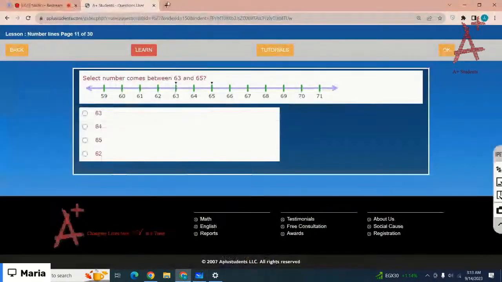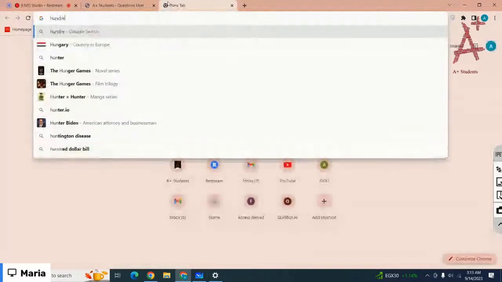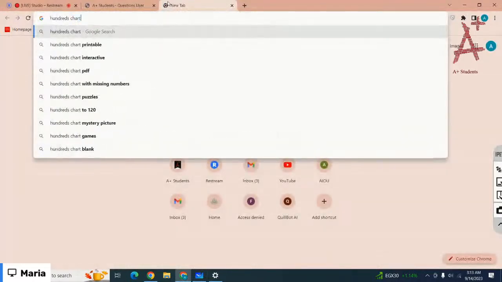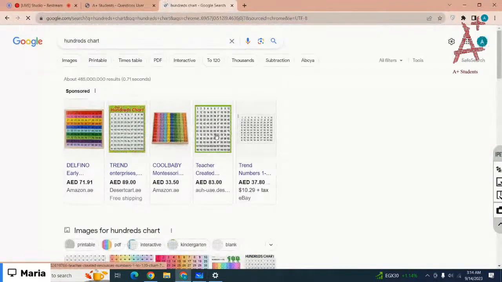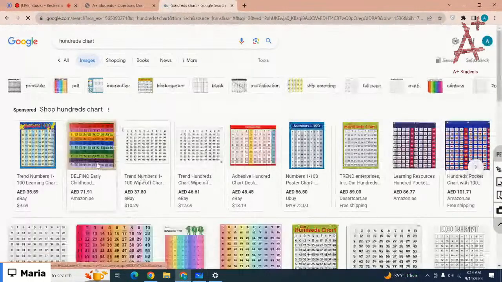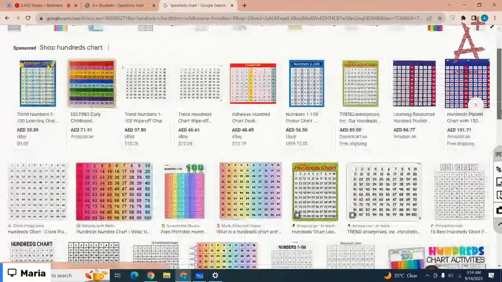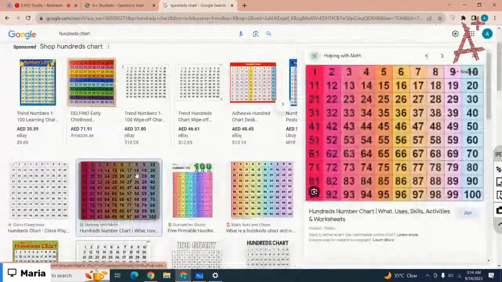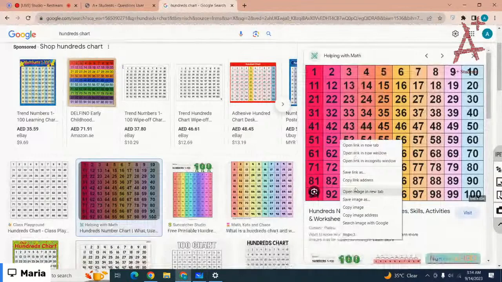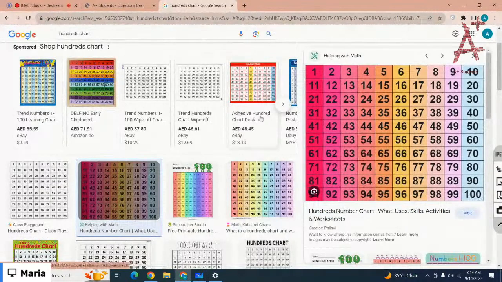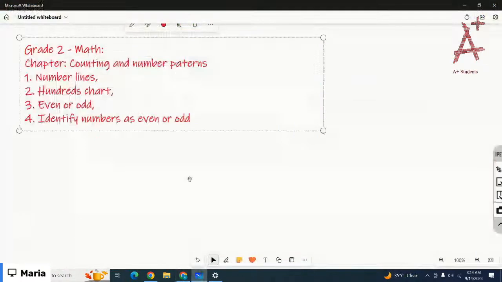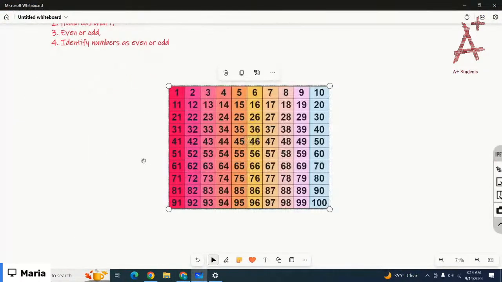I will just paste it on the board. Okay, here is the hundreds chart, right? Hundreds chart means you have counting from 1 to 100 on the chart. So that is the hundreds chart, right?